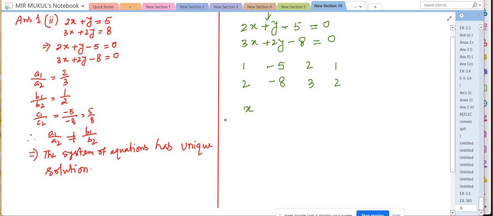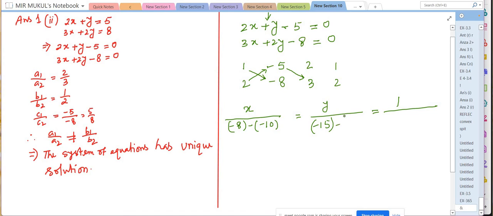So x divided by, y divided by, and 1 divided by. Now cross multiplication. Minus 2 into minus 5 is minus 10. Now minus 5 into 3 is minus 15, put bracket, minus, then minus 8 into 2 is minus 16.